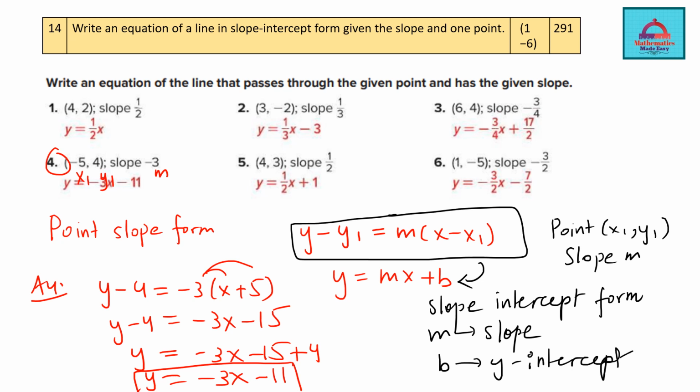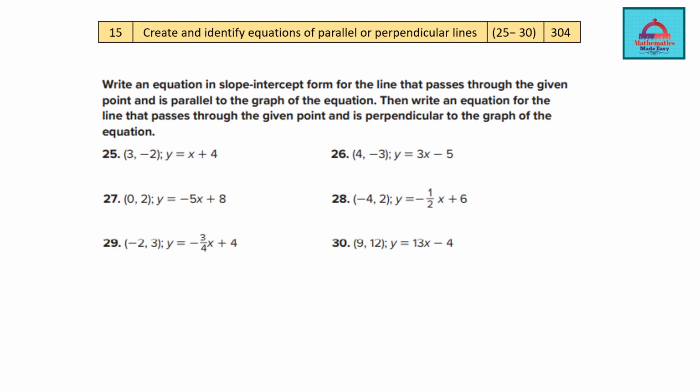Okay. Write an equation in slope-intercept form for the line that passes through the given point. So in each part you are given points like this, and this. So x1, y1 is given to you and parallel to the graph of the equation. One equation is given, you have to find the equation which is parallel to it passing through the point.